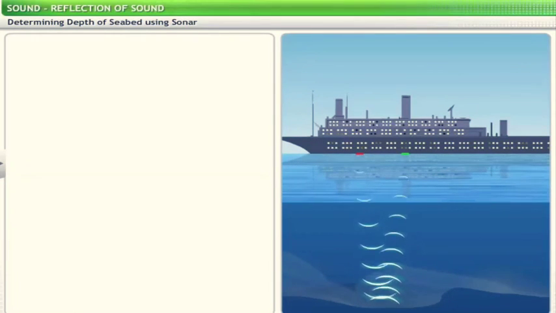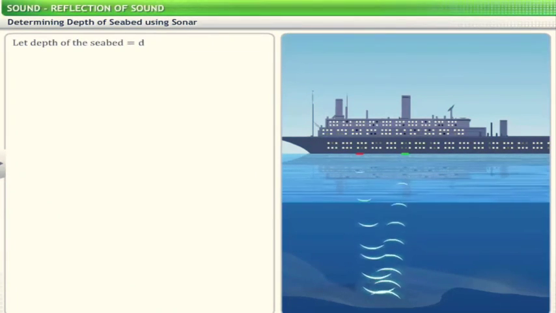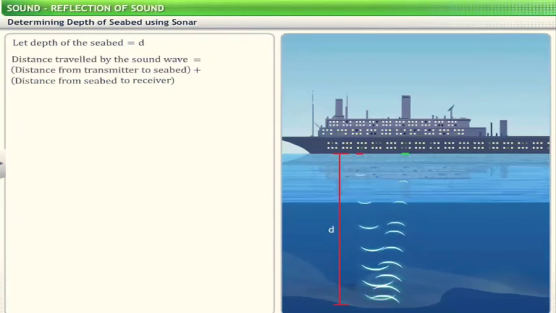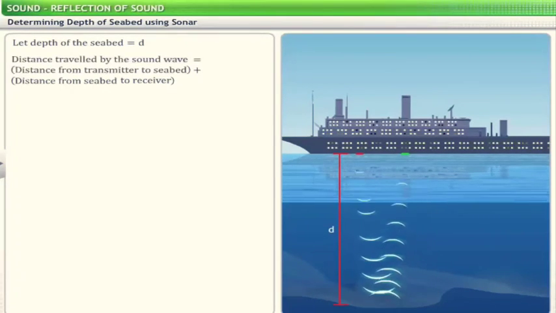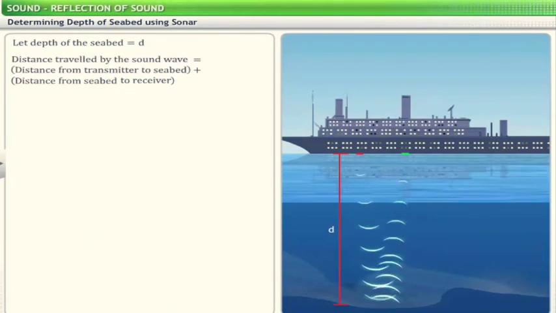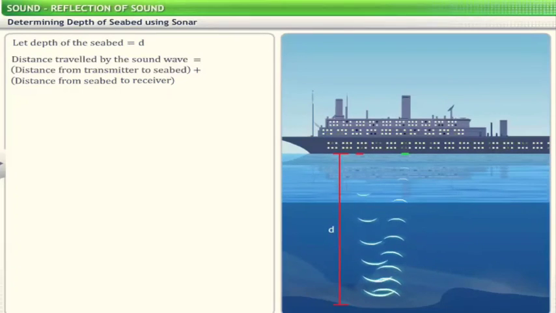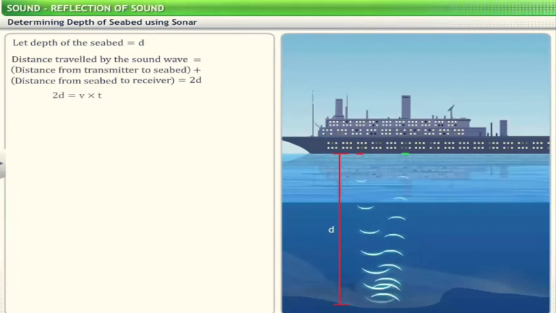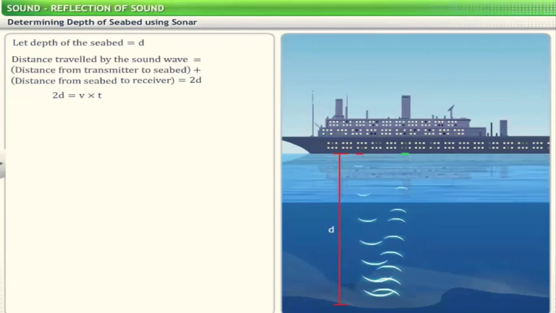Let's consider an example where we use this technique to determine the depth of the sea. Let the distance from the ship to the seabed be d. The sound wave sent to the seabed has to travel twice the distance from the ship to the seabed. That is, from the transmitter to the seabed and back to the receiver.